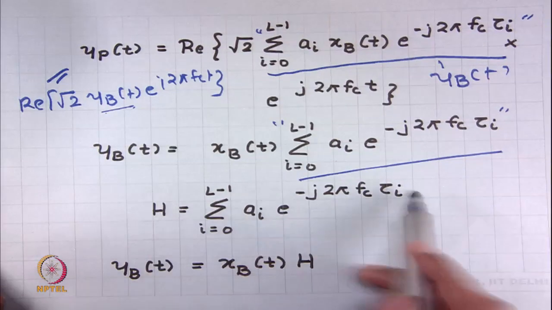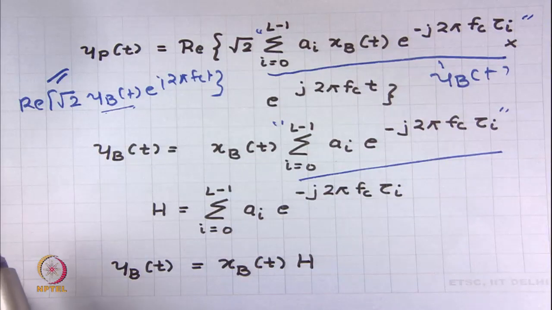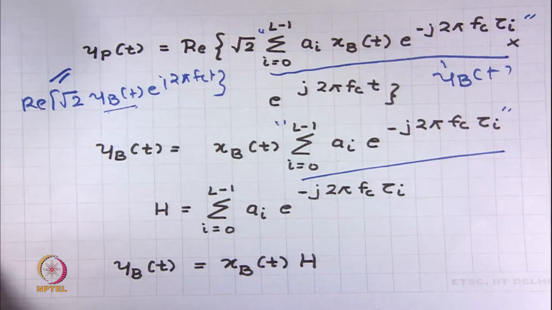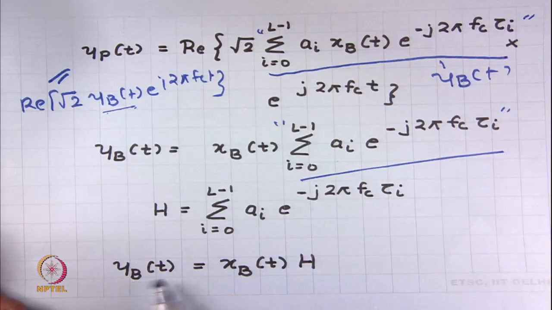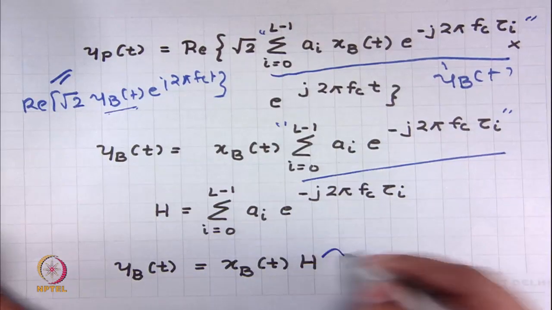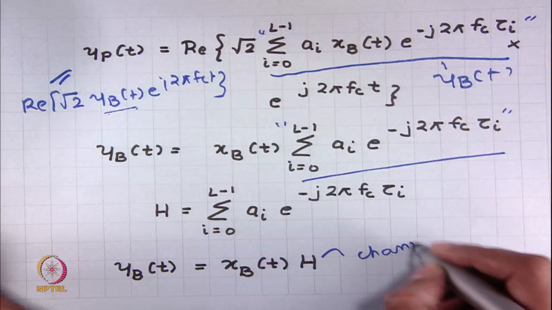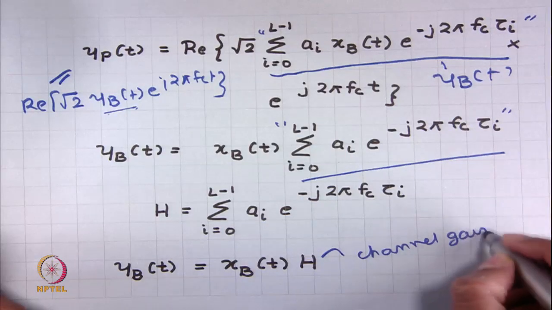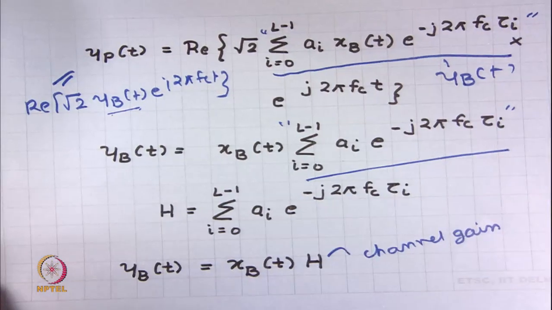Now, this h is not a function of time, right. So, it is a constant with respect to time. So, I can write y b t is simply x b t times h. Okay. So, h, remember, is the channel gain, and this channel gain is still time invariant. Okay.